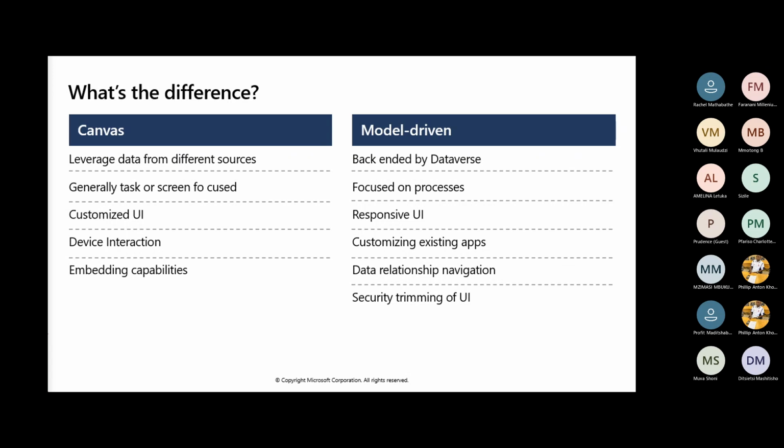And then under model driven app, we have data relationship navigation, where you can see the relationship of your data. And then we have security trimming of your UI.